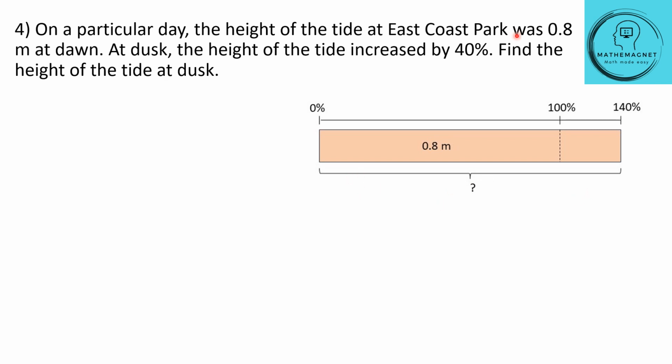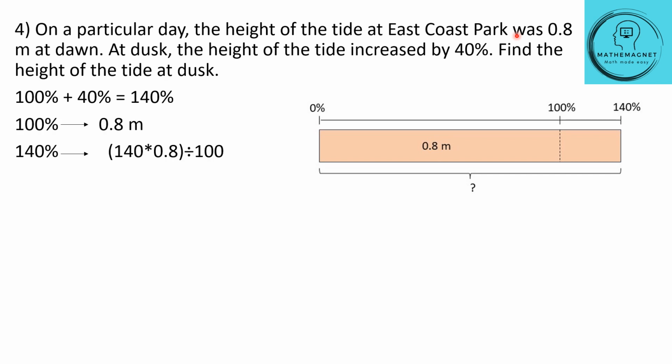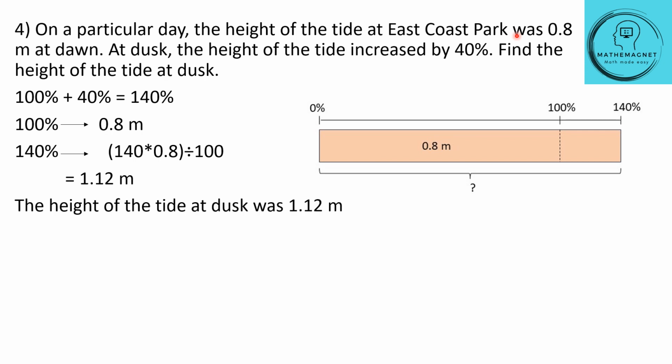So 100% is equal to 0.8 meters. 140% will be 140 times 0.8 divided by 100, which is equal to 1.12 meters. So the height of the tide at dusk was 1.12 meters.